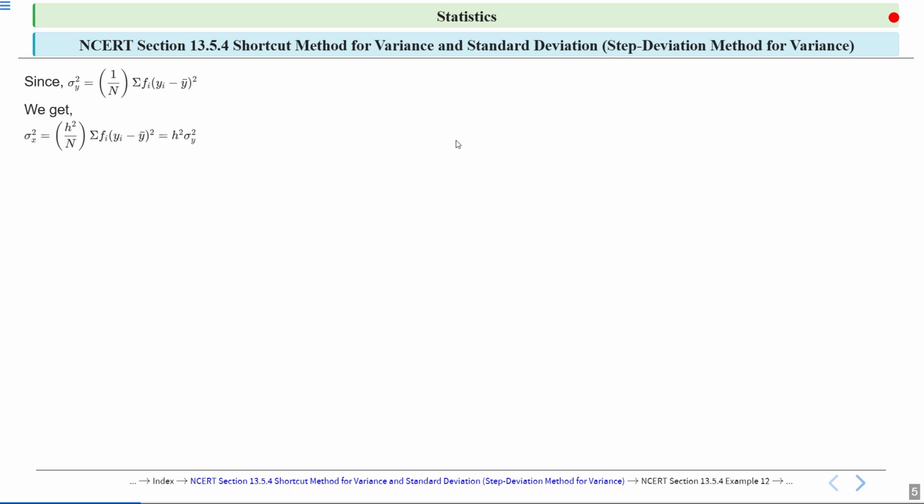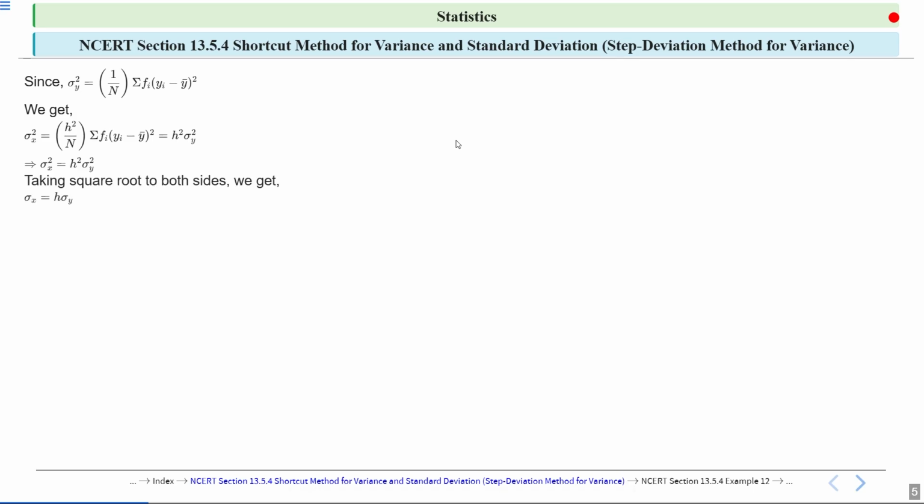Here h is the class width, and notice that the variance for x is simply h squared times the variance for y. To make it even clearer, we can write sigma x square equal to h square times sigma y square.